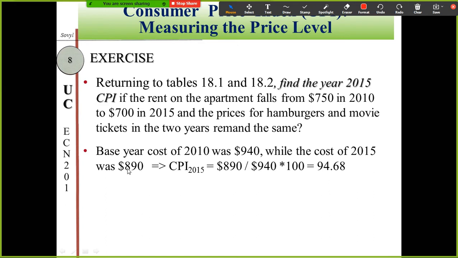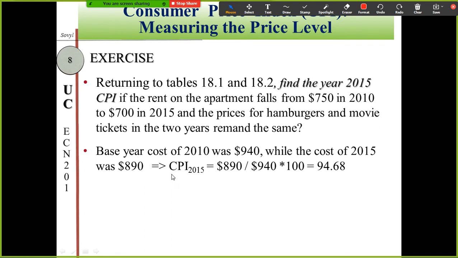Why 890? Because the prices of burgers and movies stay the same, and the amounts stay the same. We have no change for burgers and movies, but the rent for the apartment is cheaper than before. That is why the cost of the basket is lower than in 2010.